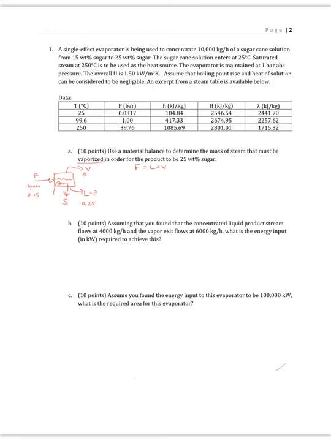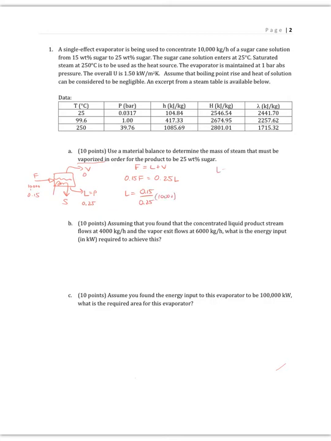And then if I look at just the sugar content, I have 0.15 F equals 0.25 L. And so therefore L is 0.15 over 0.25 times my 10,000.